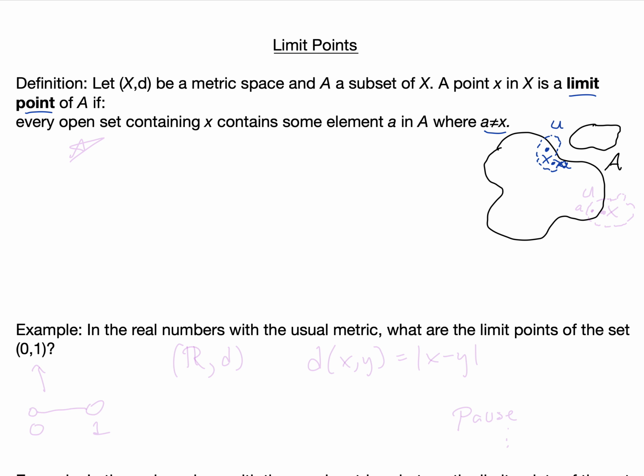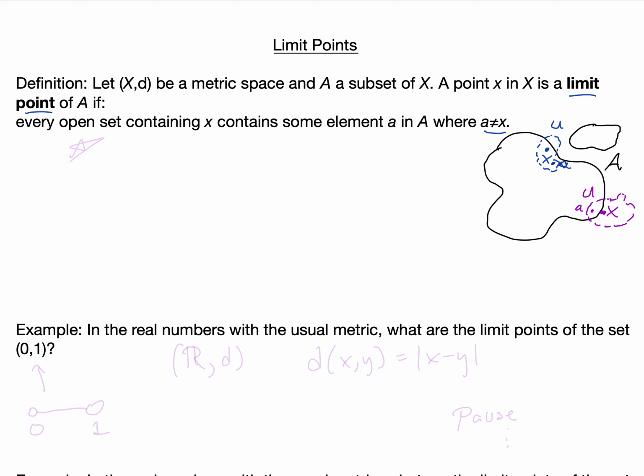Little a is an element of big A that is in this open set U, or it might be the case that our element little x that is a limit point of A might not actually be inside of A, it might be just outside of it in some way, but it's still the case that every open set U containing x also contains some element a not equal to x that is in the set A. So that's the definition of a limit point.